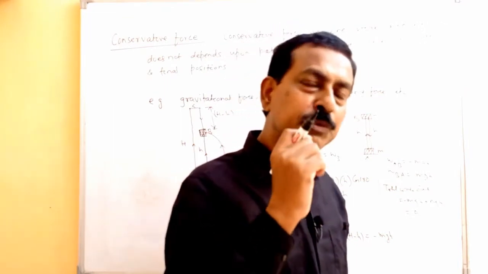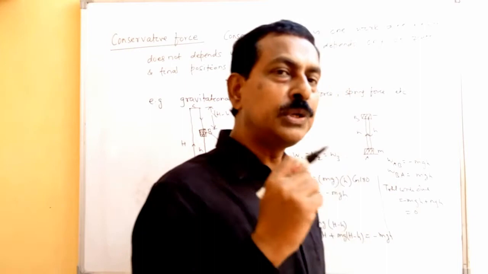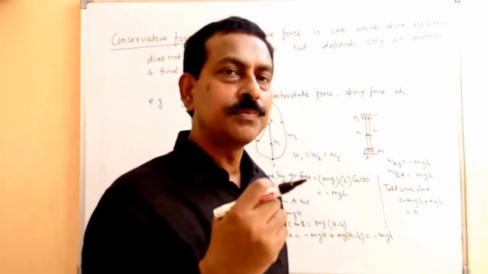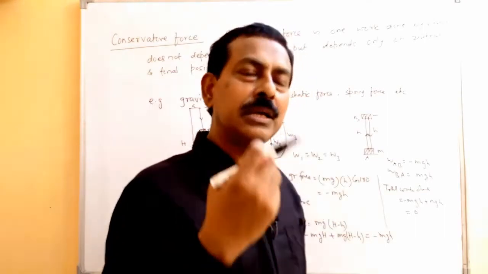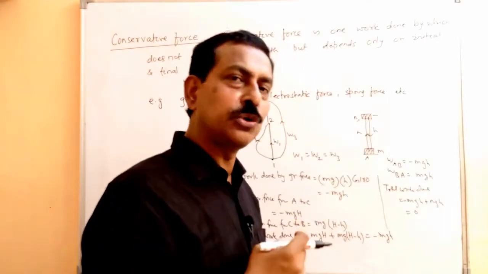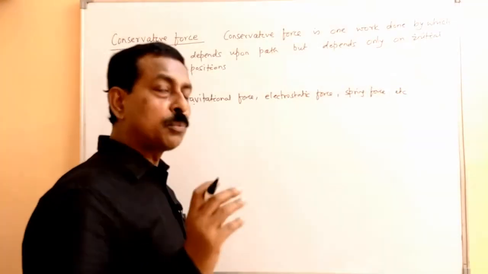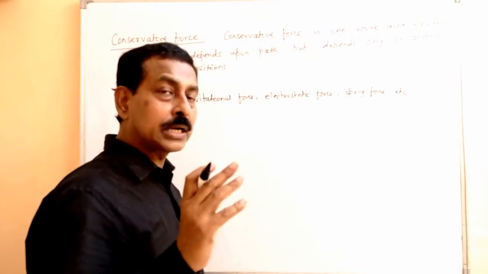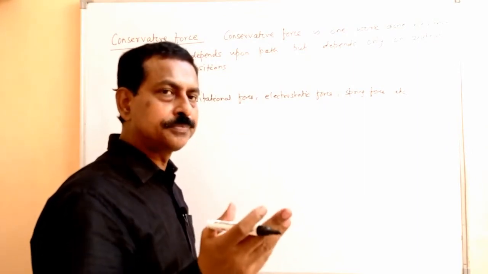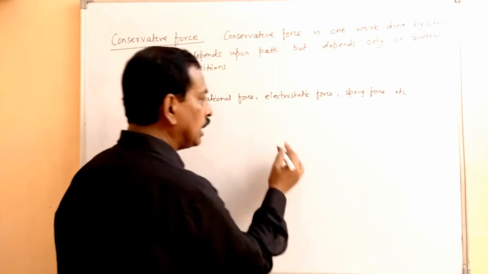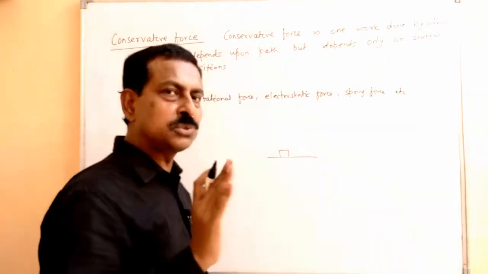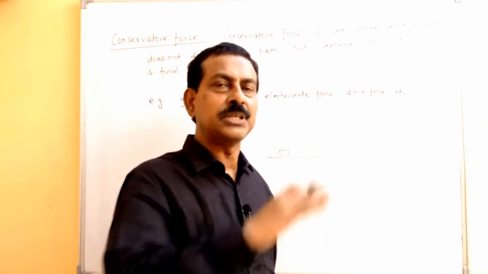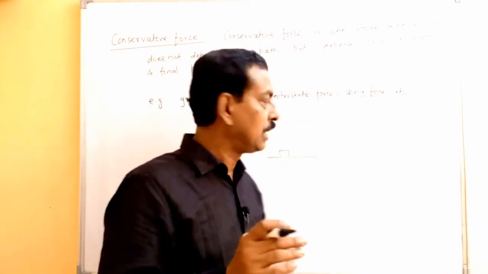Now, suppose we want to find the work done in a closed path. Will the work done in a closed path always be 0? For gravitational force, we have seen that it is 0 if the initial and final positions are the same.